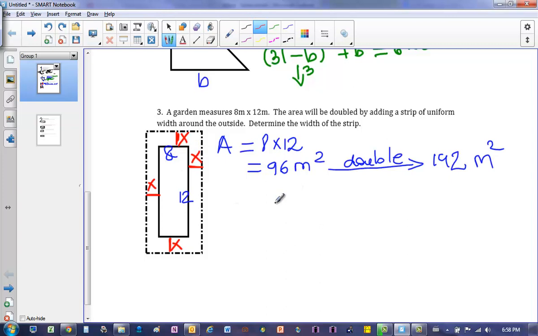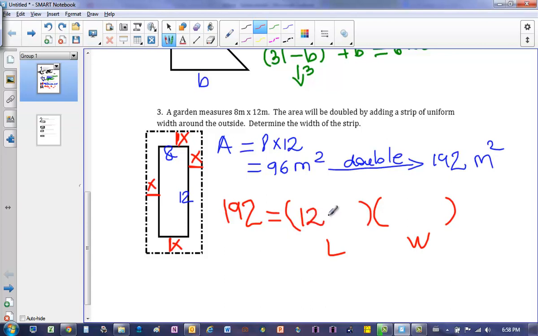So the new area of the garden will be 192. However, the length and the width have been modified, so we have to think about what the new length and new width are. Let's look at the length. Before it was 12 meters.